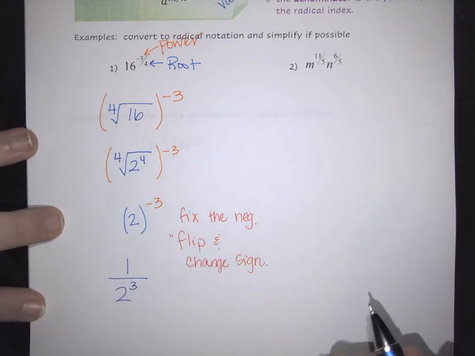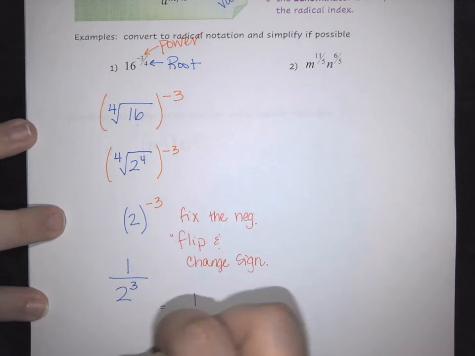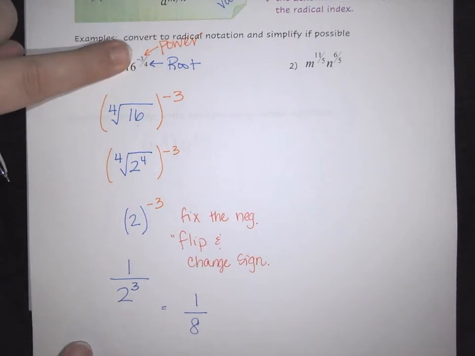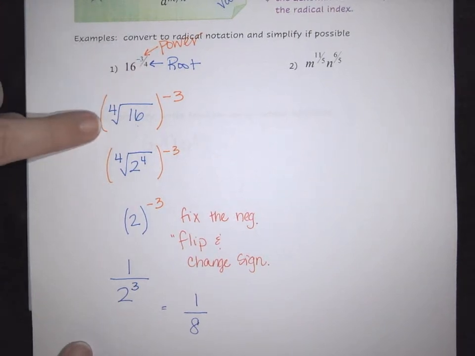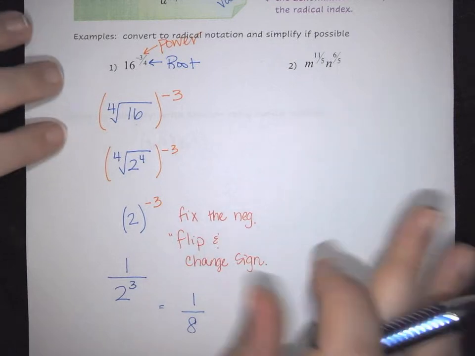And 2 cubed is 8. So the overall result here is actually 1 over 8. Okay? And so notice again, we started with your power and your root. We had to use the form where we did not have any variables. Okay? Alright, let's look at this next one.